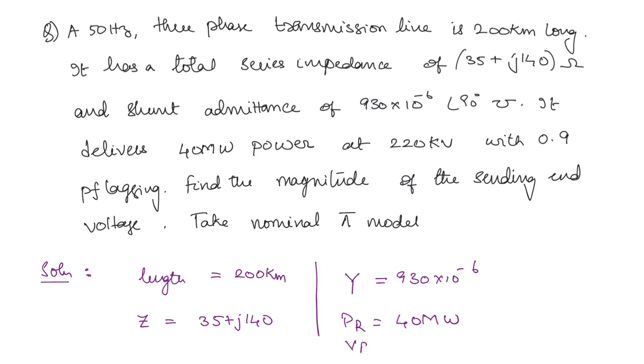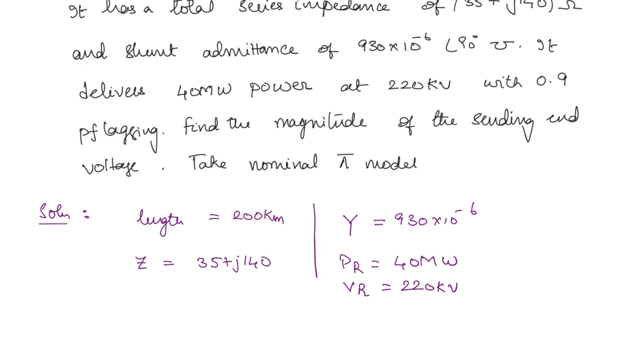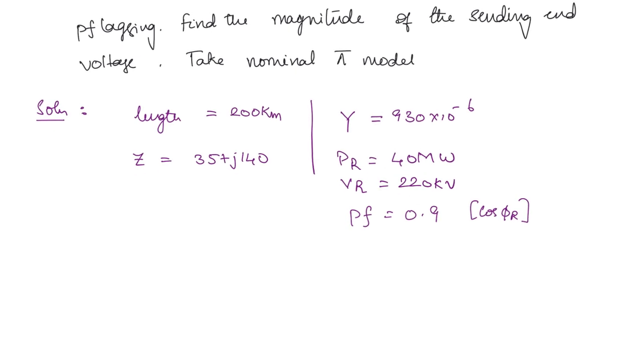And what is the receiving end voltage? This is 220 kilovolt. Once again this is the line voltage. Finally the power factor is given as 0.9. This is cos phi r, the receiving end side power factor. So we have to now find the sending end voltage.